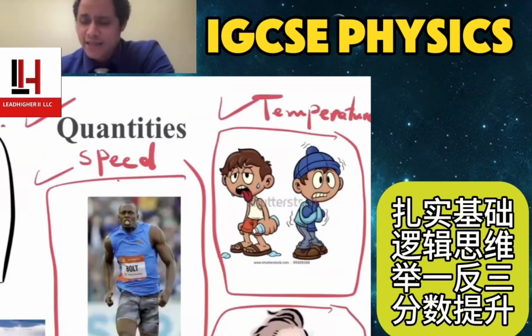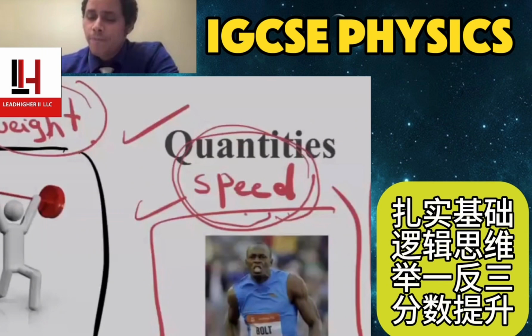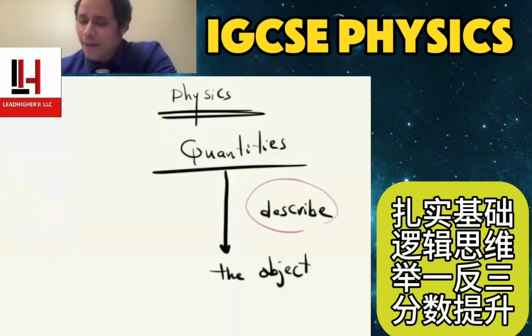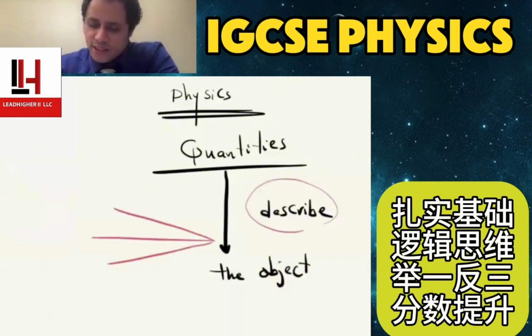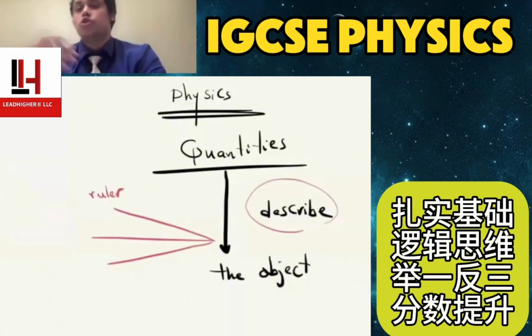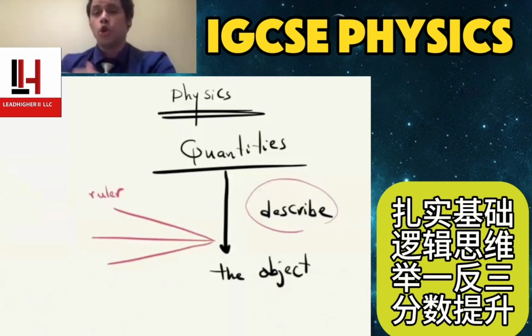So we consider that. How fast it is, or how fast he is, we talk about speed. A quantity describes the object by three things. First, if I'm talking about height or distance, I need a ruler to measure my height, if I'm tall or short. Second, time, I need a stopwatch, right?